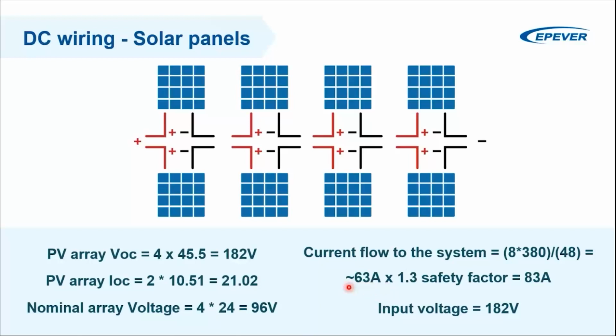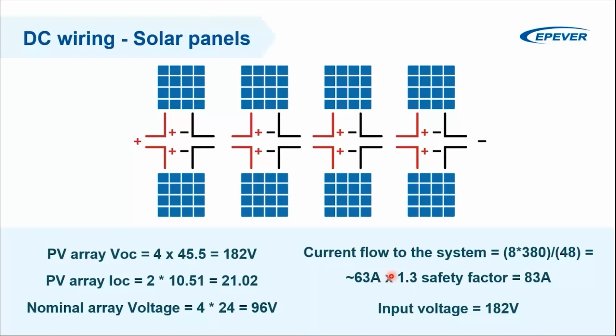But this one is a bit risky, because if for any reason, for example changes in the temperature or the charge status, the current exceeds this, then we have a problem. So we normally choose a safety factor of something like 30% for our calculations.